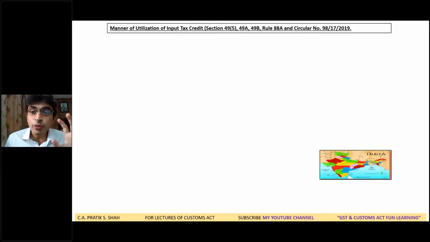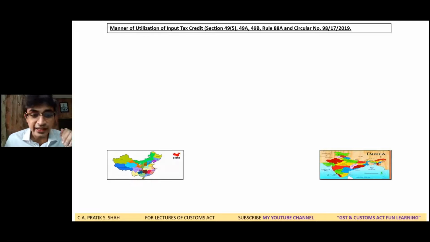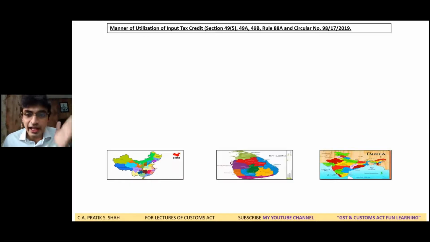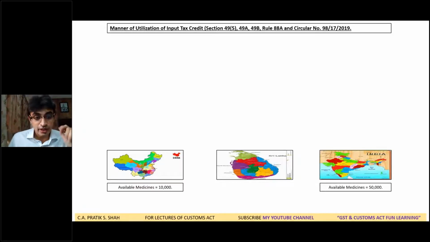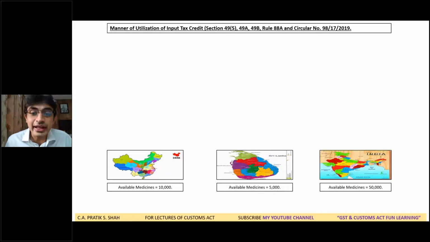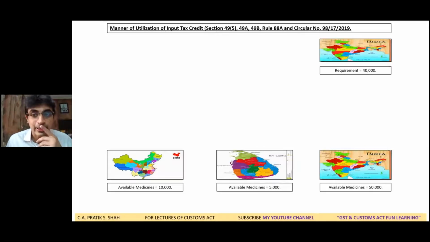See, suppose the COVID vaccine is invented and India, China and Sri Lanka now have a certain stock of medicine. India has a stock of 50,000. China has say 10,000 and Sri Lanka has 5,000. These are the medicines available with India, China, Sri Lanka.